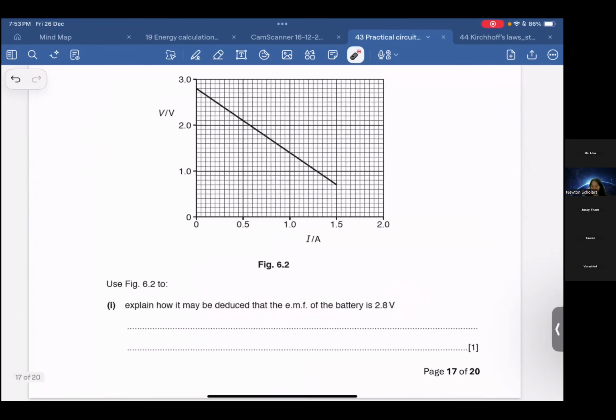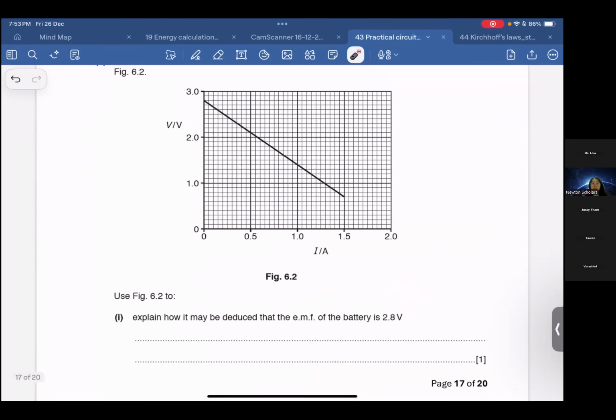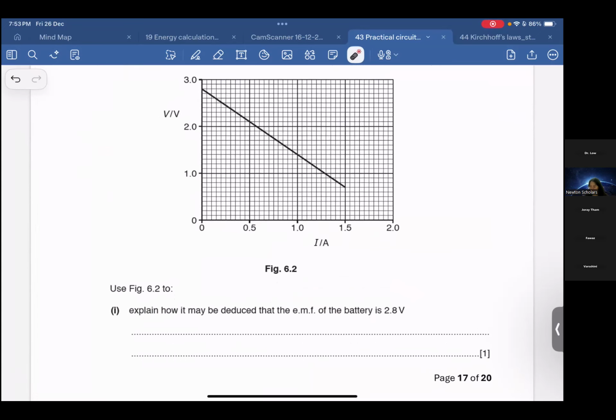Better you don't tell me because the y-intercept is 2.8, that's not really answering the question. How do you know the y-intercept is actually your EMF? Any of you can try.